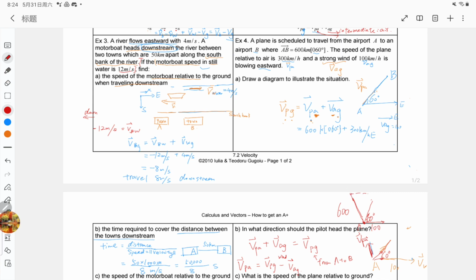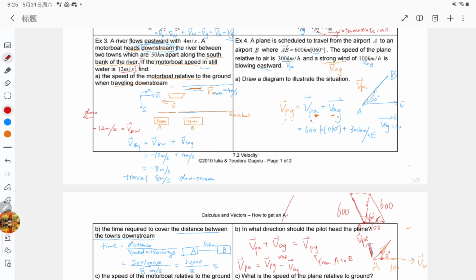Is it obvious to calculate this angle, right?